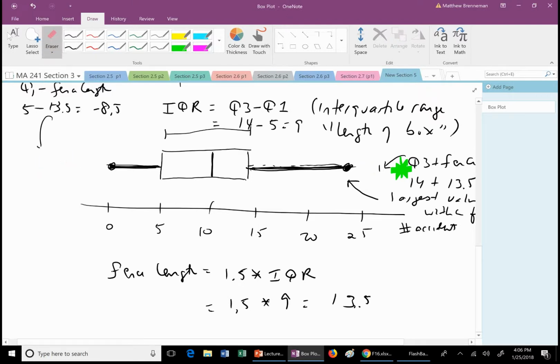Okay. And all we plot are the maximum and minimum values within that fence. So I just do it to illustrate the first time what's going on. But now that you know what's going on, you won't even bother plotting it. You'll just compute it, and you'll find the furthest value within all of that. Just for illustration purposes only.